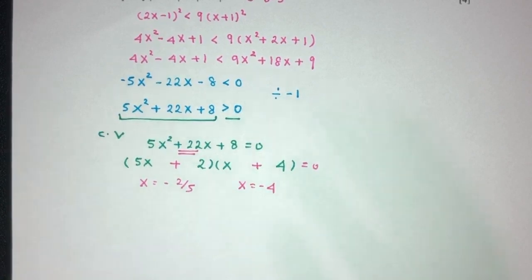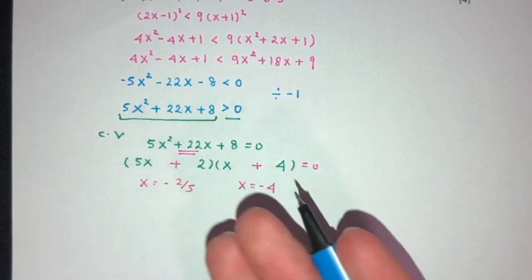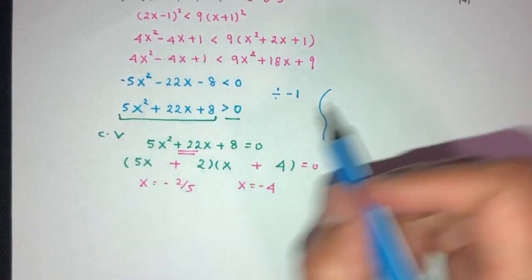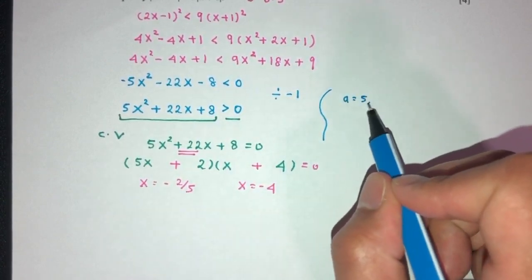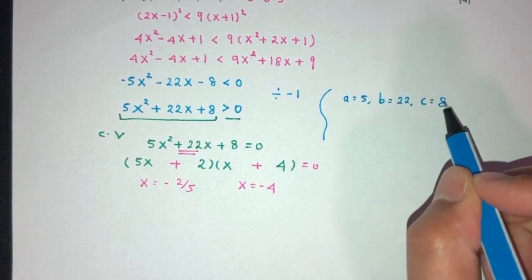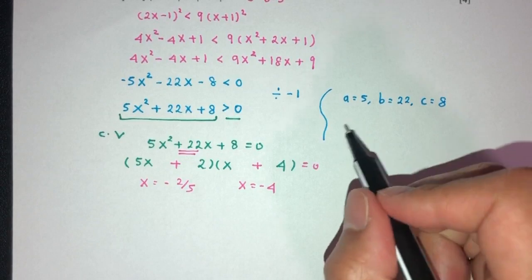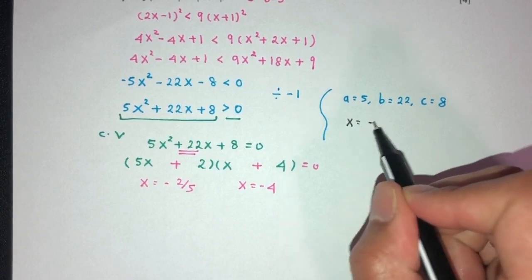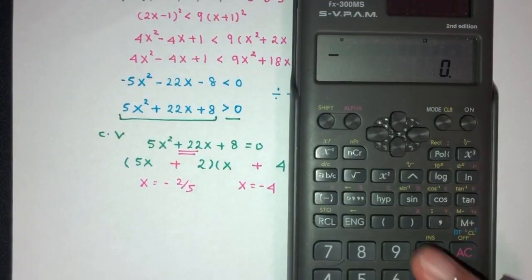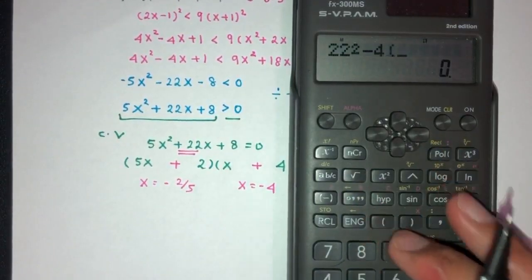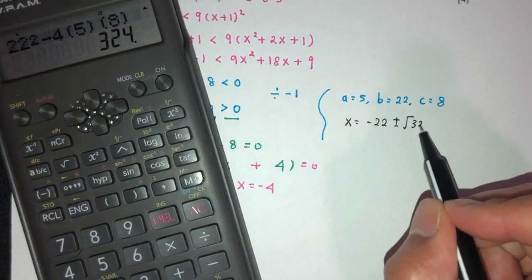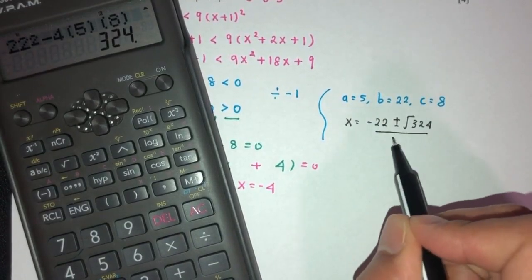Now, as I explained before, if you want to solve this to find values of x, you can use your formula. A is a value of 5, B is a value of 22, and C is a value of 8. So x will be minus B, which is minus 22, plus minus the root of B squared minus 4AC, so 22 squared minus 4 times A times C. That will be 324. Divided by 2A, that should be 10.